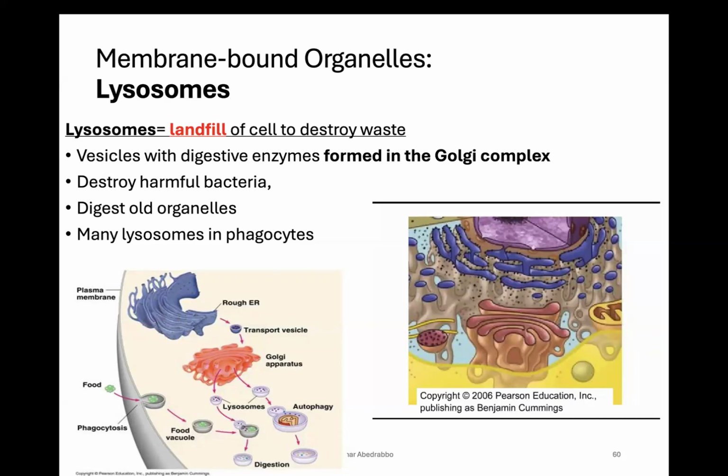And again, phagocytes are white blood cells in our immune system that try to break down pathogens. So they have a lot of lysosomes in there. And just as an example, there's something called lysosomal dysfunction, and this is a disease where the lysosome is not functioning properly, and so waste products accumulate inside cells, and this leads to cell damage.